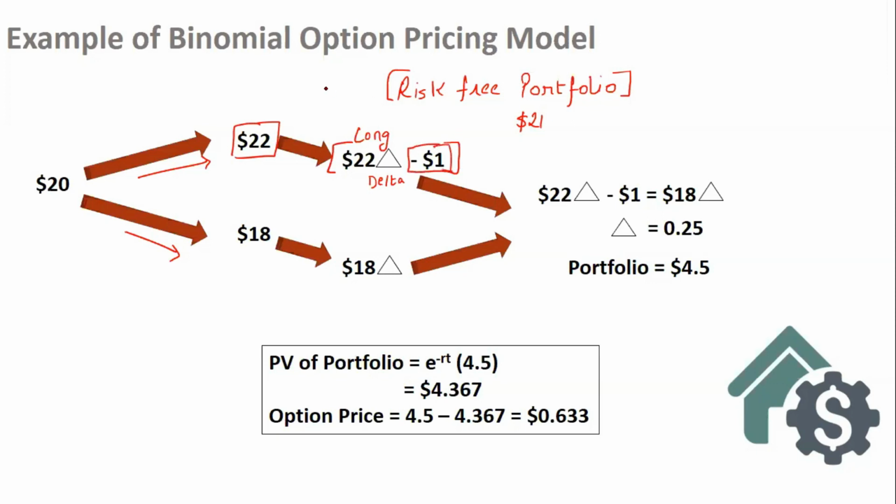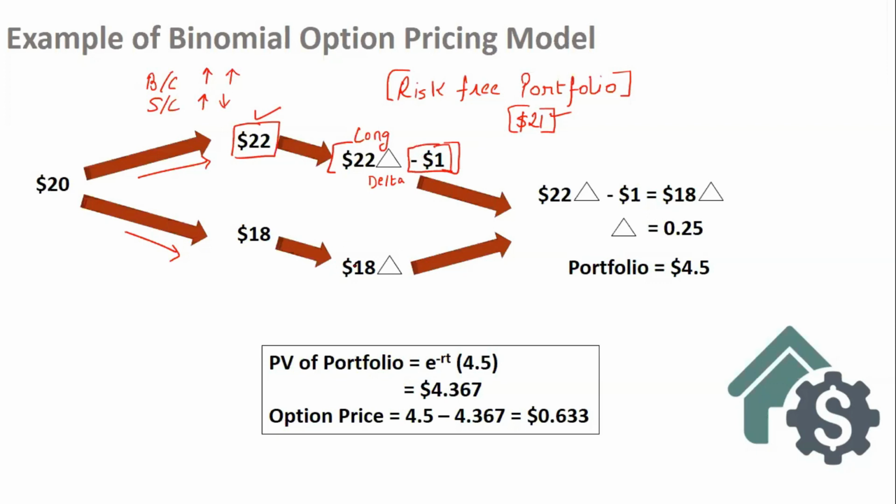Am I correct? Because if you buy a call option and stock price goes up, you make profit. But if you sell a call option and stock price goes up, you make a loss. How much loss? The difference between the spot price and the strike price. So since you sold a call option on 21, now you have suffered a loss of $1.